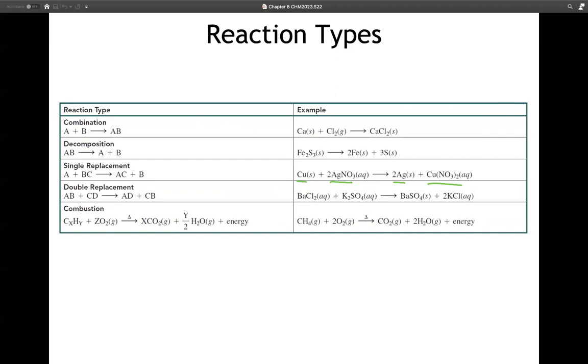Let's take a look at the single replacement reaction. We have copper, which is one of the transition metals, and its charge is variable. We have silver nitrate. Nitrate is one of the polyatomic ions. Copper is just the metal, so it's not like we have an anion and a cation.